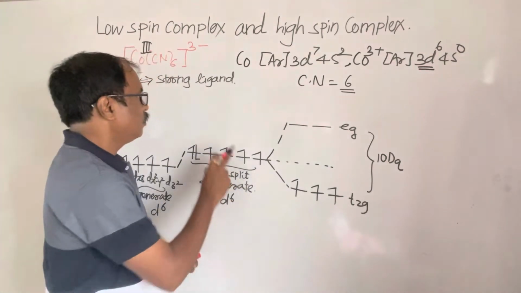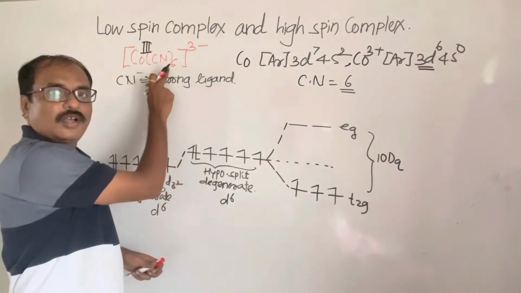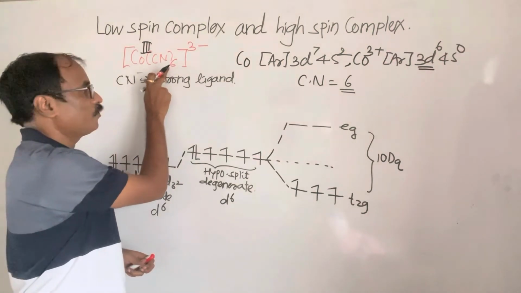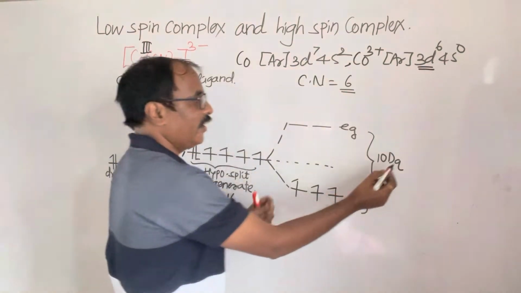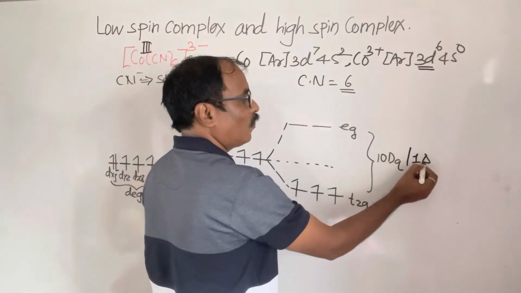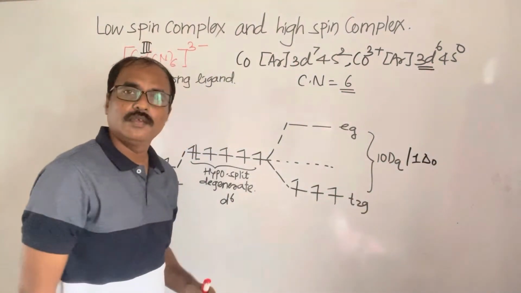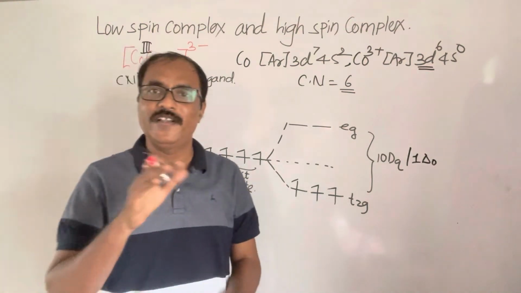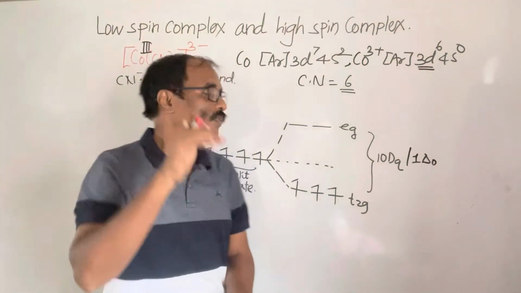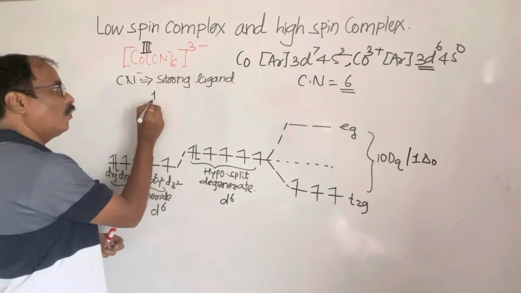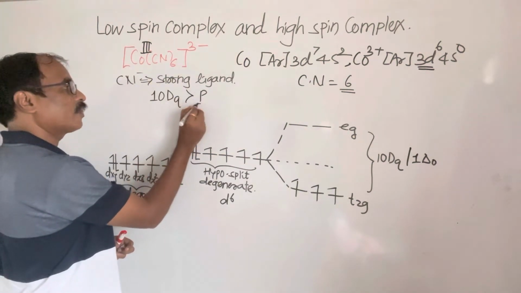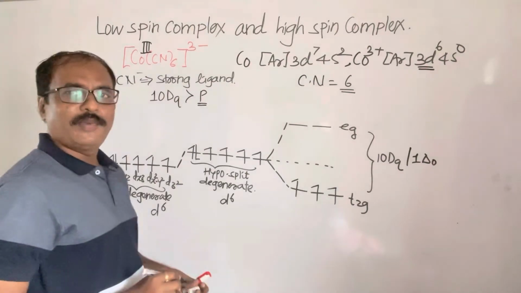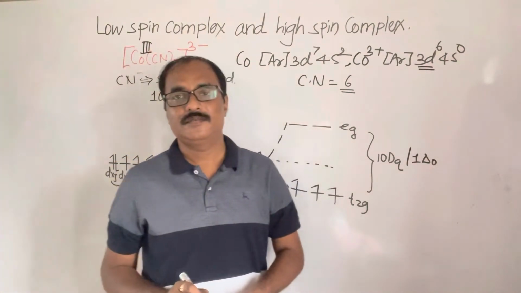Now here the ligands are strong. Attack of 6 strong ligands, so the splitting will be more, 10 Dq or we can write delta O. When strong ligands attack, the splitting of d atomic orbitals is more. So what is the relation we can write? 10 Dq is greater than P, that is, pairing energy is very low.